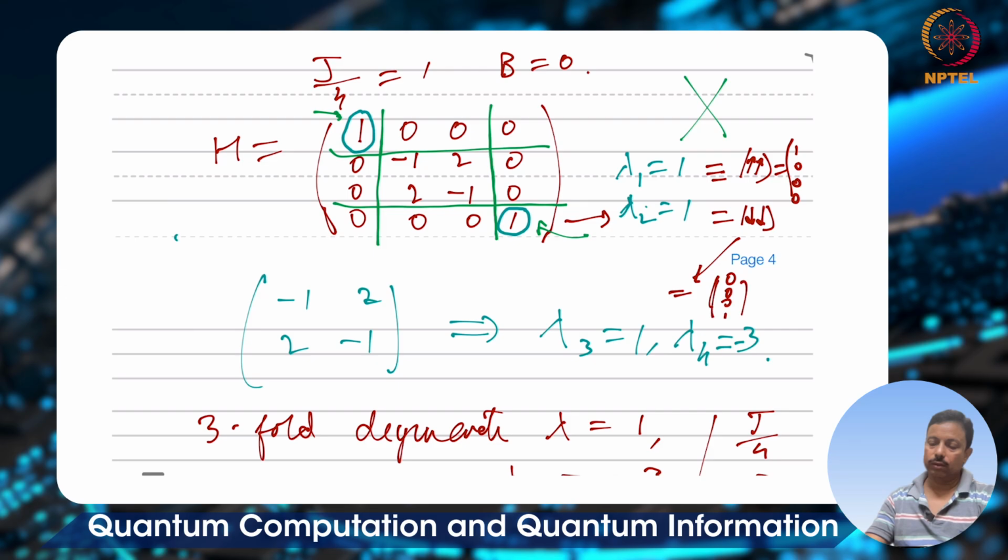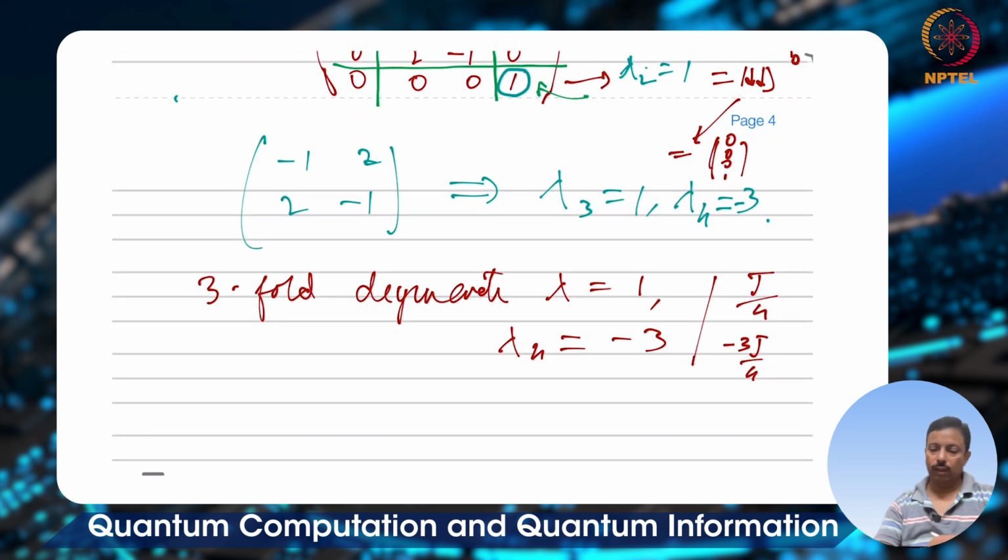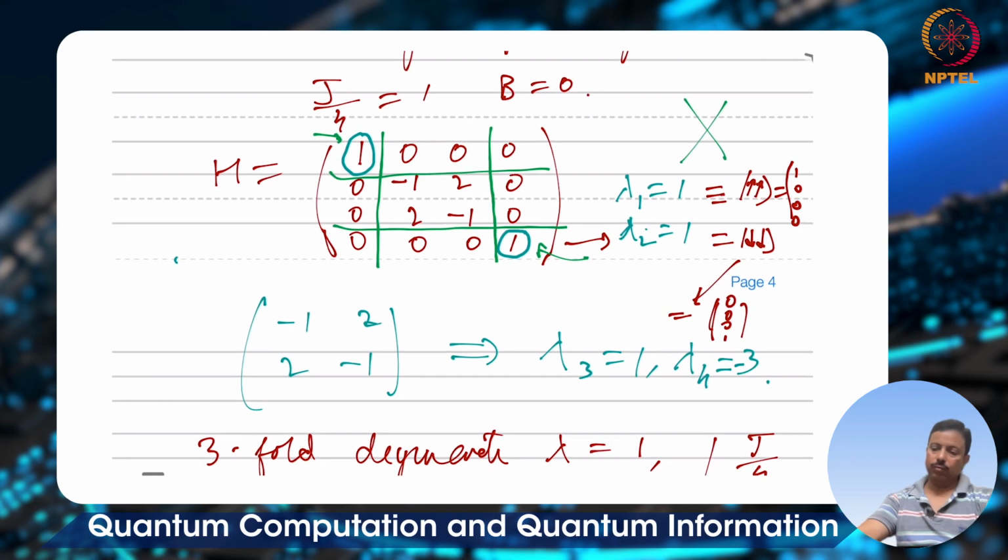So these are the two eigenvectors that we can identify. Let's call this E1 and this E4.